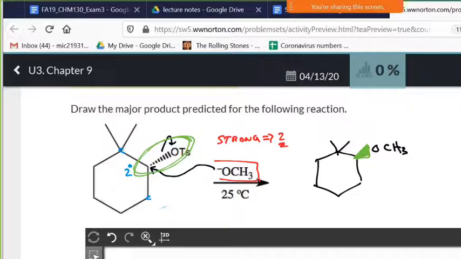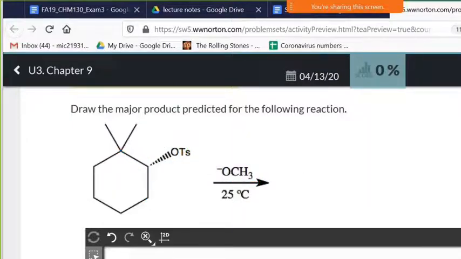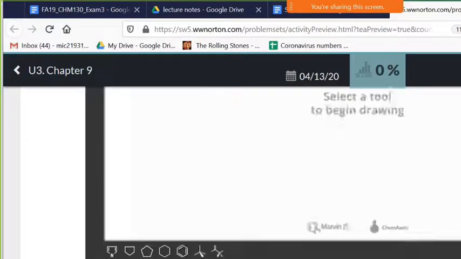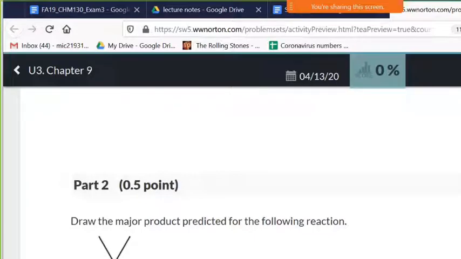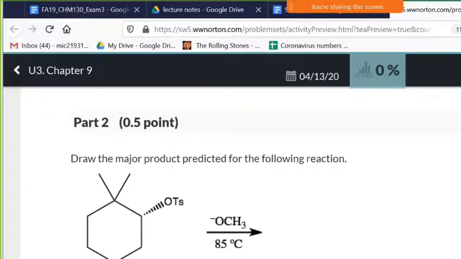The question did say decide for the following reactions, plural, between SN2 and E2. So I'm going to take a stab that if I undo this drawing and scroll down carefully, we have another problem in front of us.